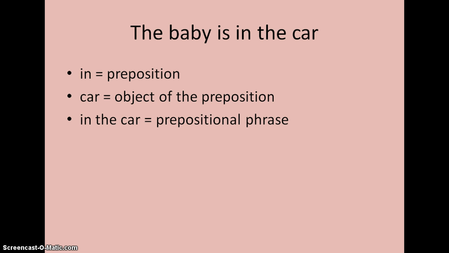So in must be our preposition. And then we look and say, the baby is in what? That answer is the noun car. So car is the object of the preposition. And we know that prepositional phrases start with the preposition and end with the object of the preposition. So our prepositional phrase is in the car.